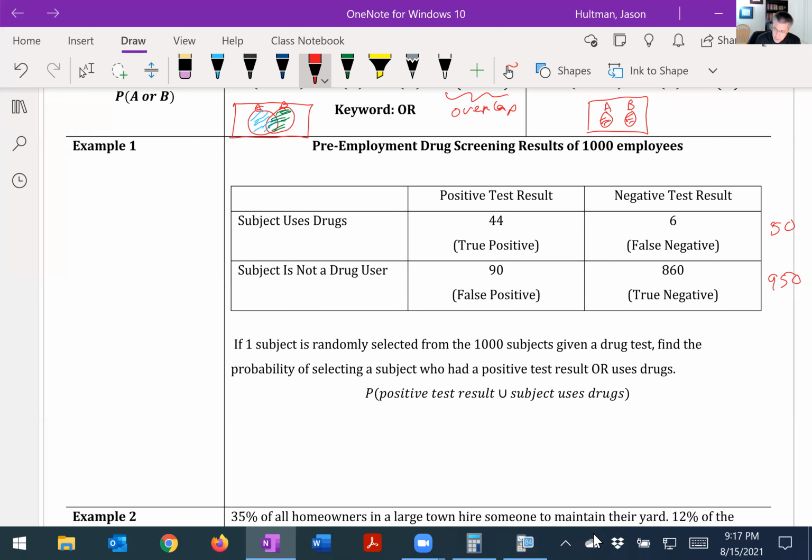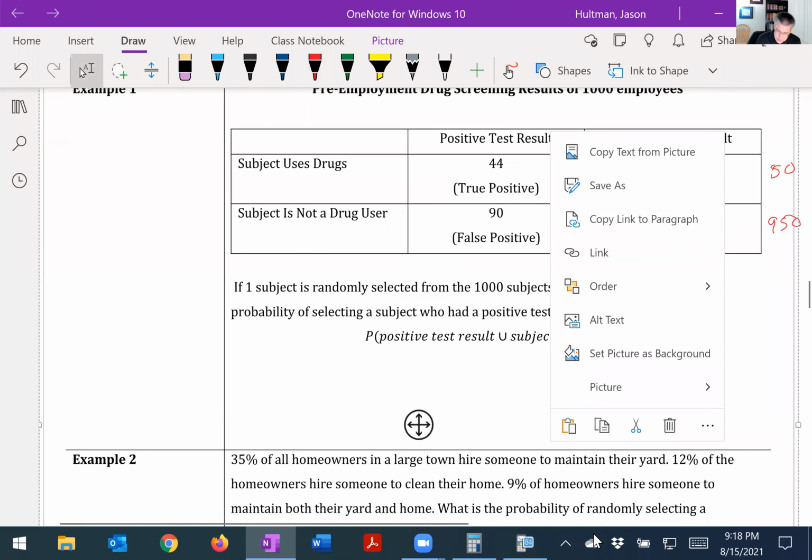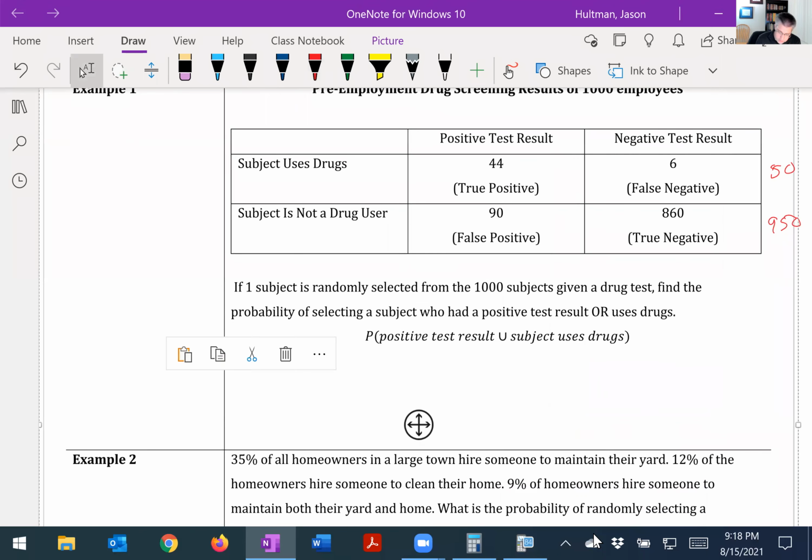Of the 950 employees, 860 had a true negative result, but 90 of these guys had a false positive. Those guys I'm actually more concerned about, because they're being falsely accused of a crime they didn't commit. So no test is 100% accurate. These 90 would obviously want to retest.